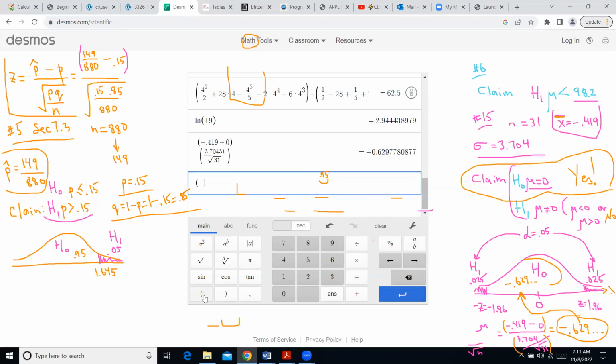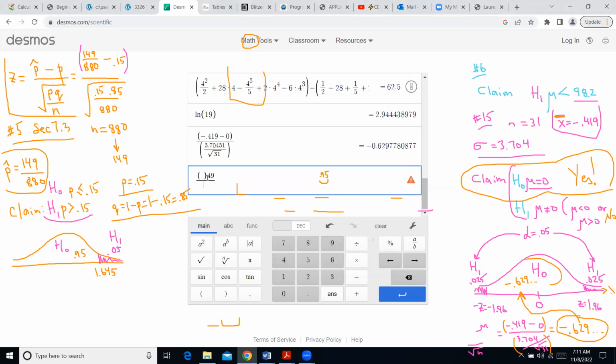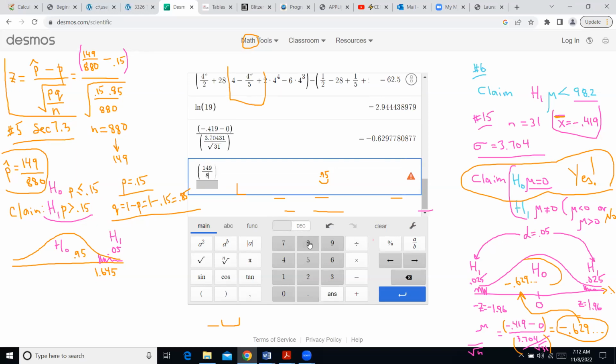Please double check, make sure I don't enter anything wrong. So 149 is on the top, divided by 880. Now I bring the cursor next to the fraction and subtract 0.15.